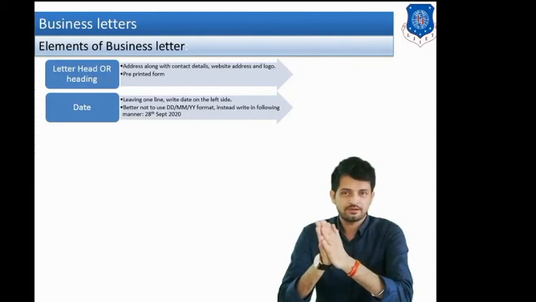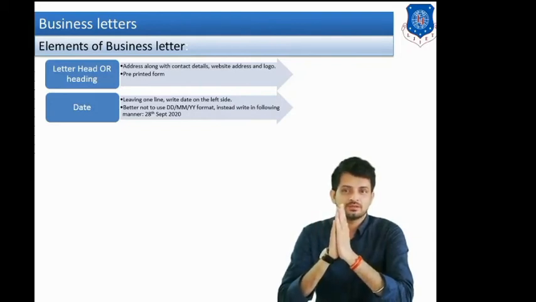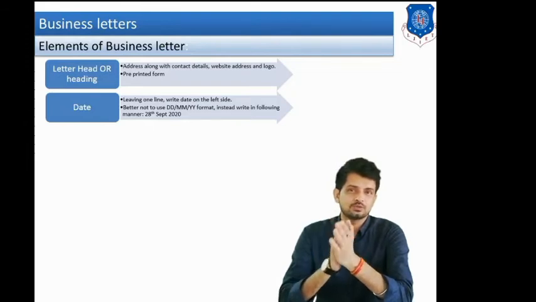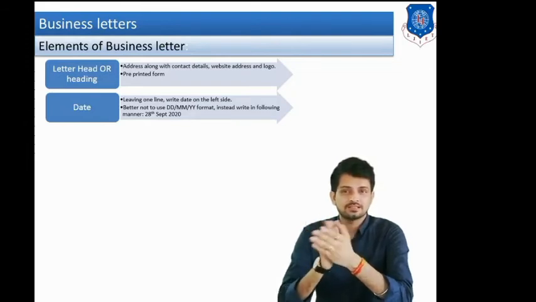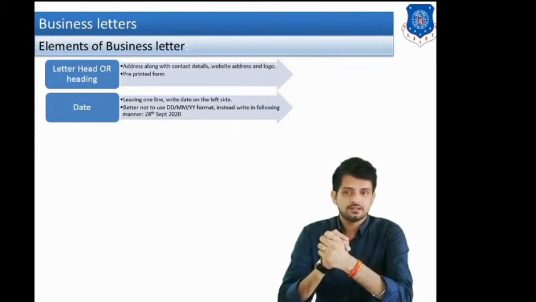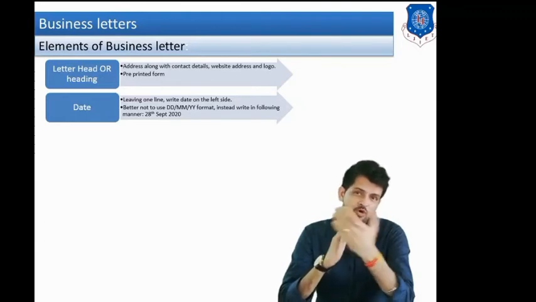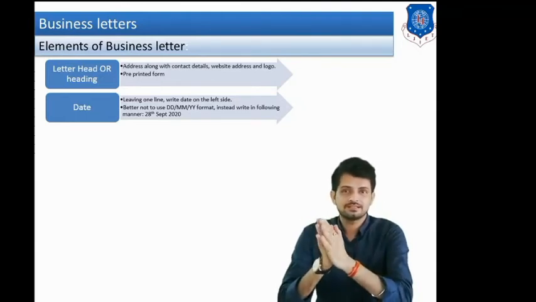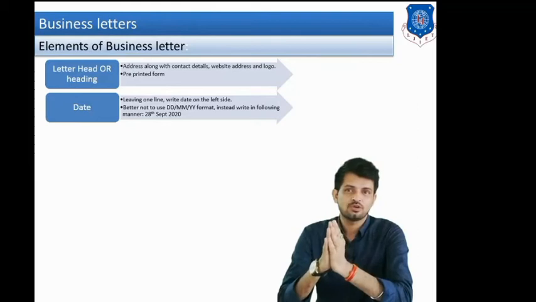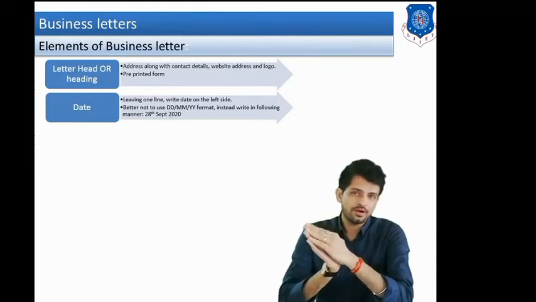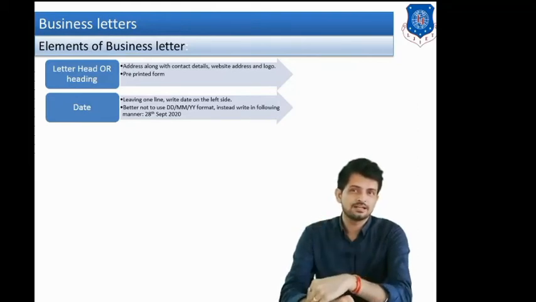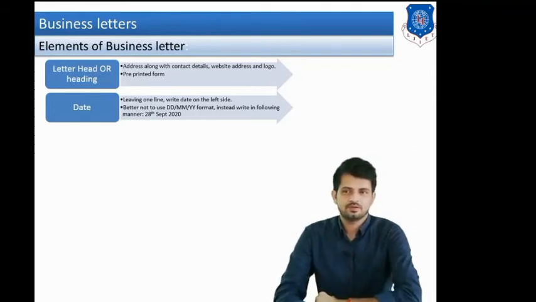For example, you can write 28 September 2020 rather than writing 28/9/2020, because in some countries the format of writing the date is different. In some countries the MMDDYY format is followed, while in some countries the DDMMYY format is followed. So to avoid the confusion, we have to write the date in a simple way. Okay.